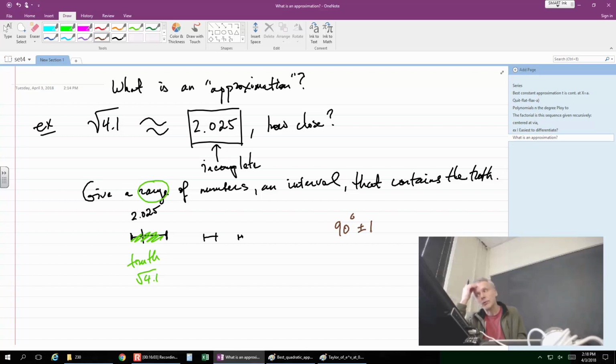That comes with the territory. This is a range, so it will be actually 89, 91.